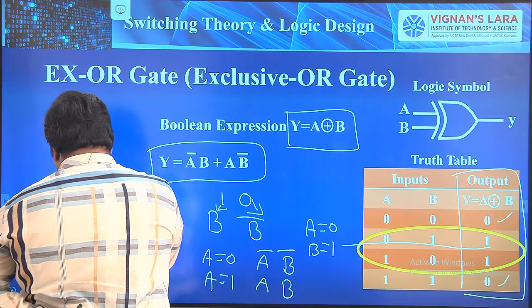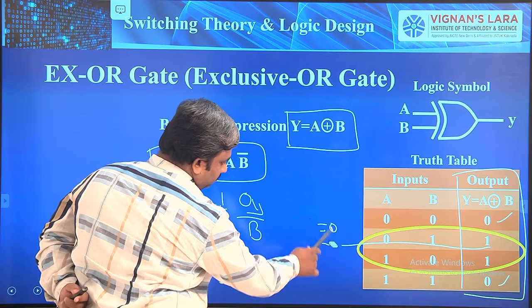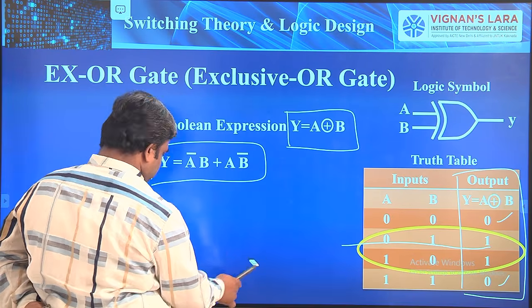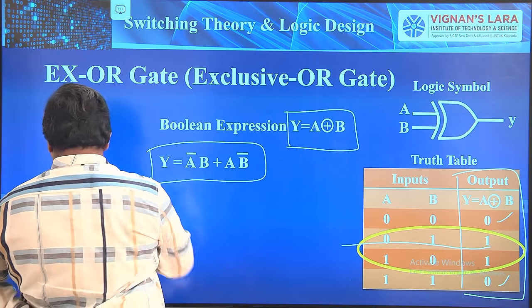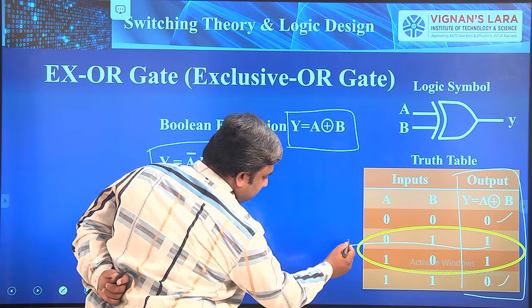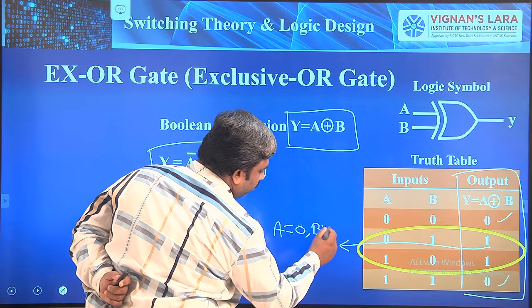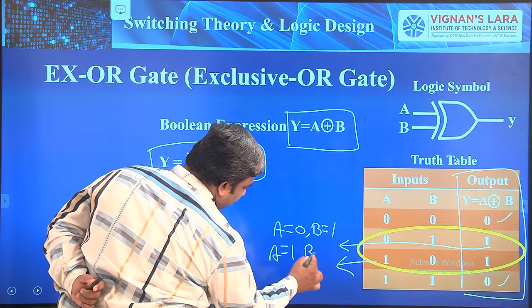Now coming to here, in this case A is equal to 0, B is equal to 1. In this case, A is equal to 1 and B is equal to 0.